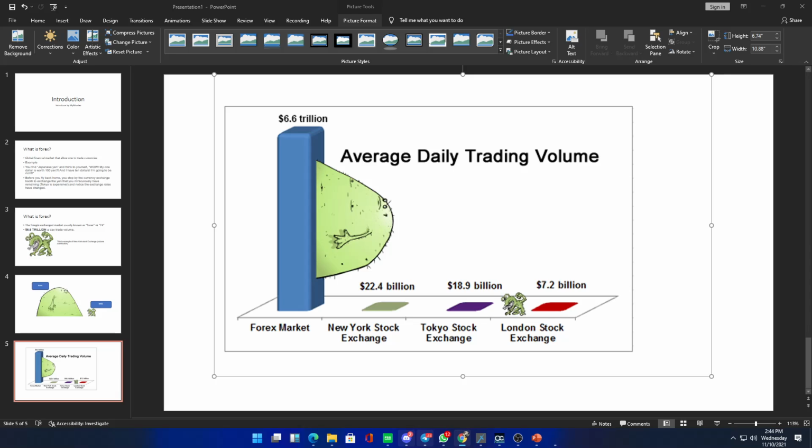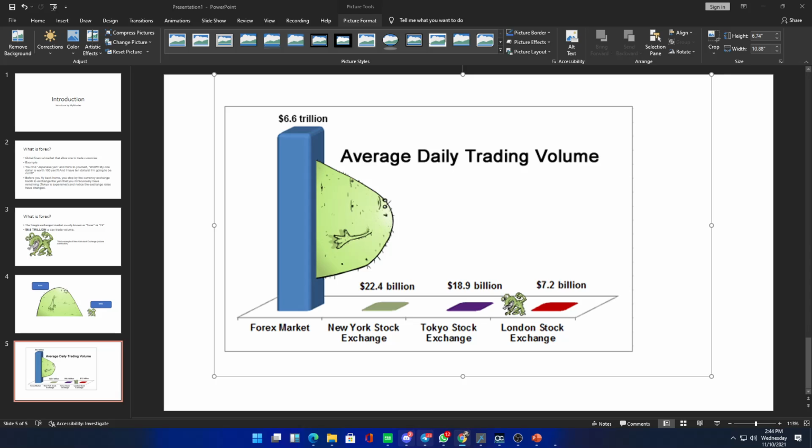This 6.6 trillion is for overall currencies in the forex exchange market, but we only focus on the top pairs in the FX market, which is about 2 trillion per day. Compared to that, we are retail traders, it is even smaller. That's why I said traders like us, retail traders, cannot control the market.